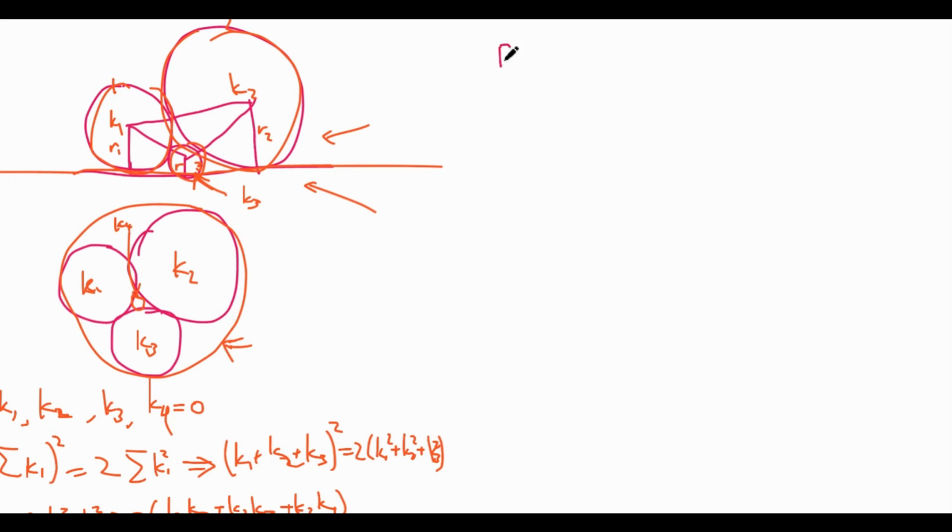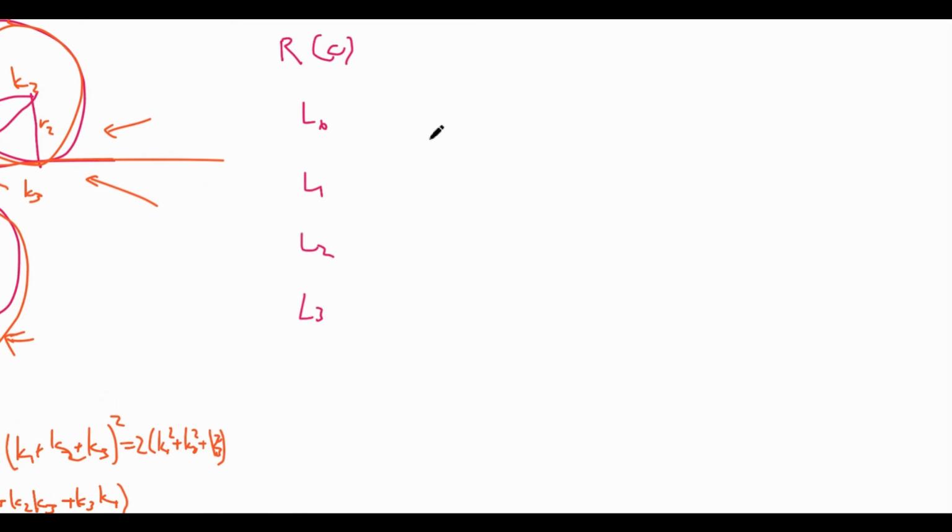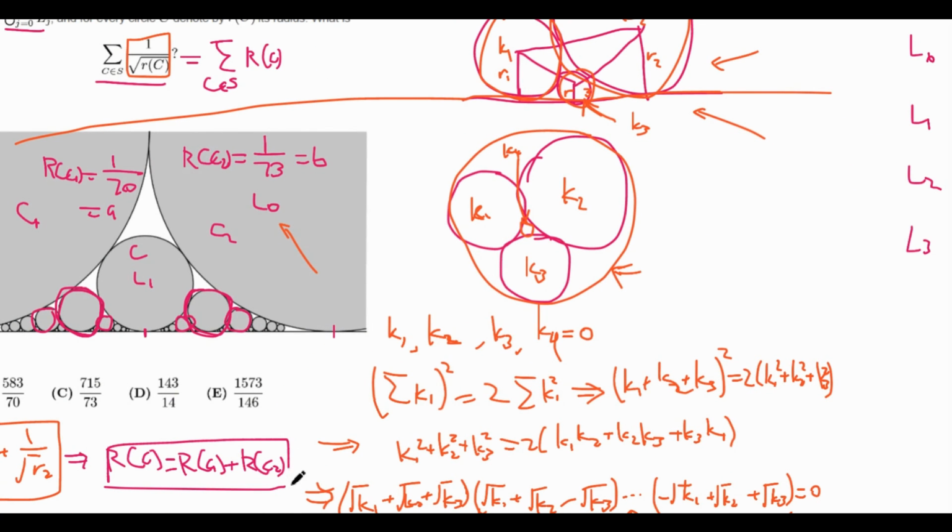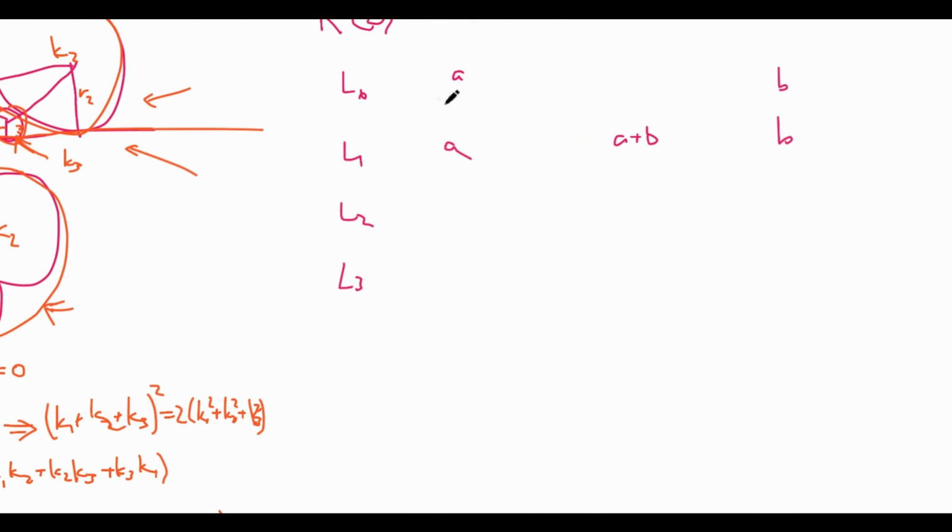So here is a table of big R of C. Let's see, L0, L1, L2, L3, etc. So at the start, we have A and B. Then we have A and B, but also A plus B, because we used this property by summing A and B to get A plus B. Now we do the exact same thing.